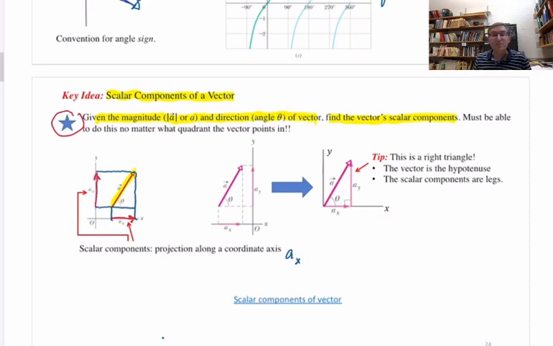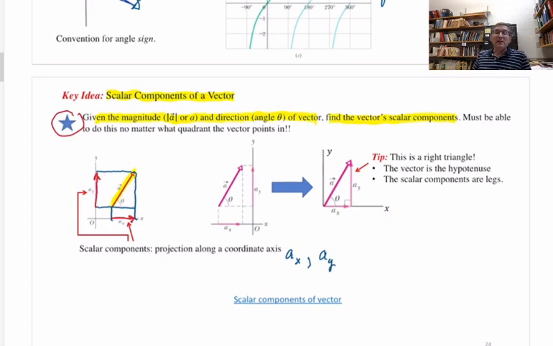And that represents the projection of A along the y-axis. And that's called the y scalar component, a sub y. Okay? All right, that's just a picture showing you what we mean when we talk about the scalar components of a vector. We mean the projections of the actual vector, the arrow, onto the respective axes.